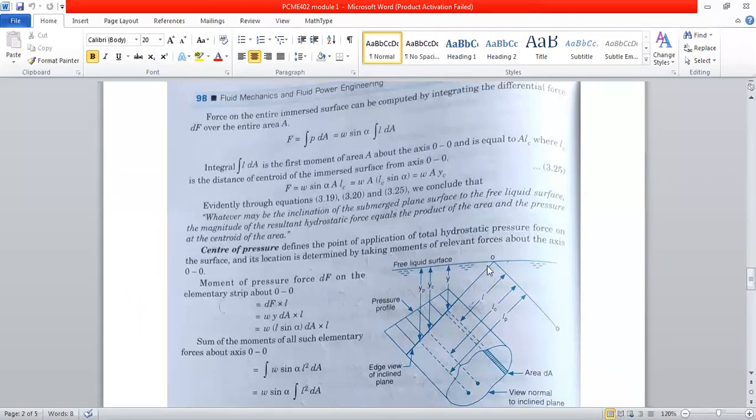So we take the moment. Take the force of the elementary strip, that is dF.